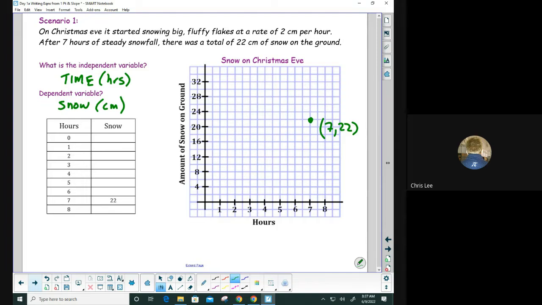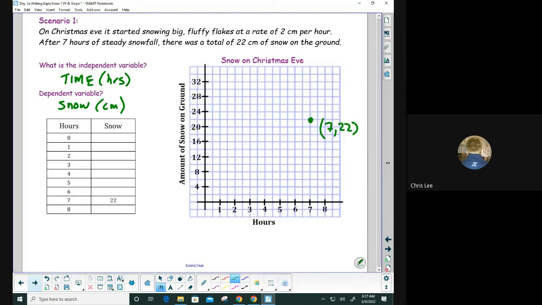There's one other bit of information we know. We know at 7 hours is 22, but we know something else. Is that true? I think there was some snow at the beginning of our time, okay? Which is what the question asked us. We have to figure out how much snow was at the beginning, okay?